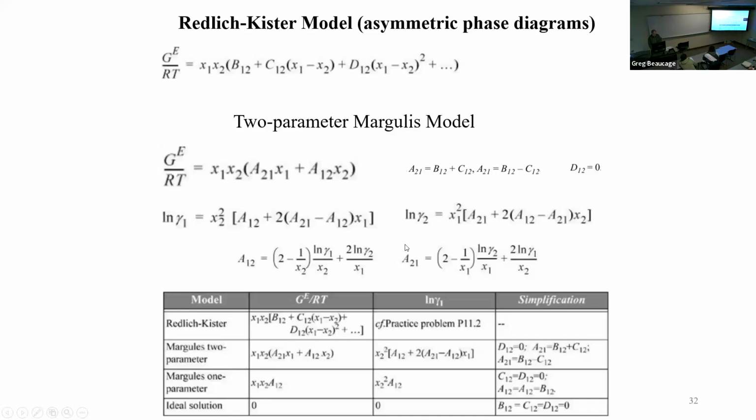And then there's just empirical engineering where you make the expression for the Hildebrand parameter like a two-parameter Margules model, or you can have any number of parameters that you want, a Redlich-Kister model. So you can make an asymmetric phase diagram, in other words, not symmetric about 50% composition.